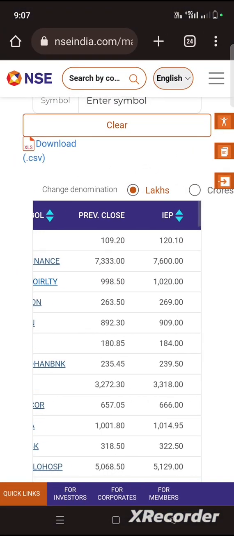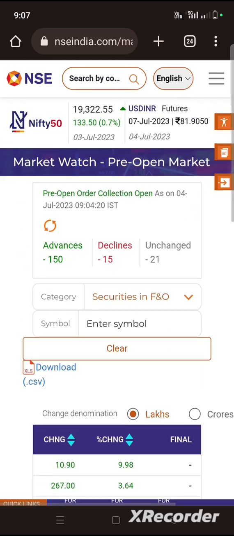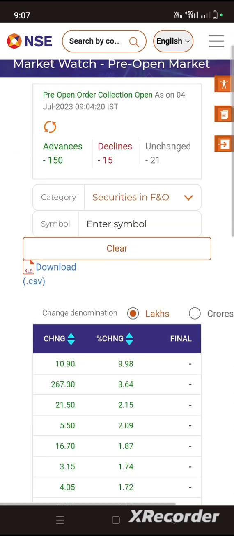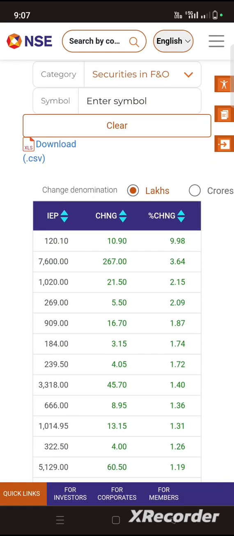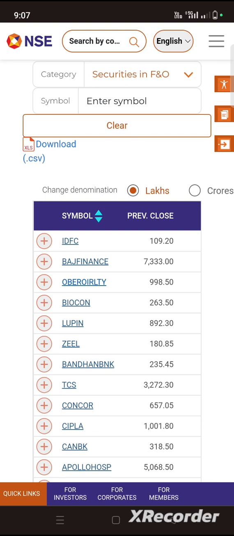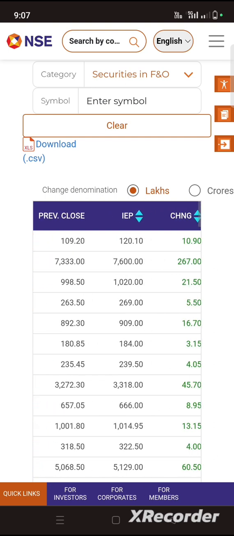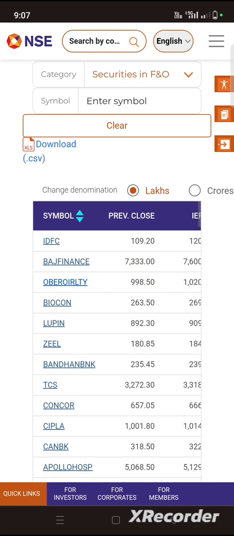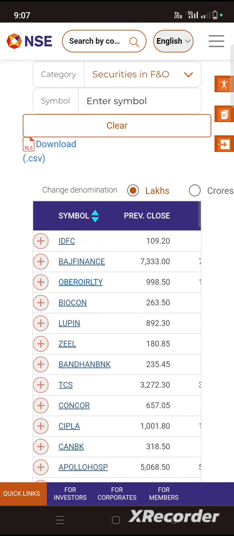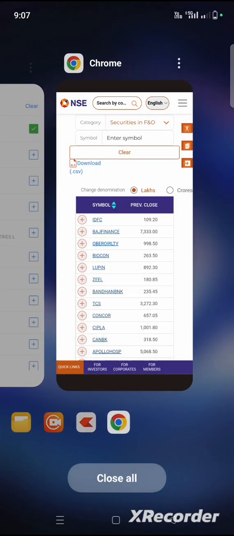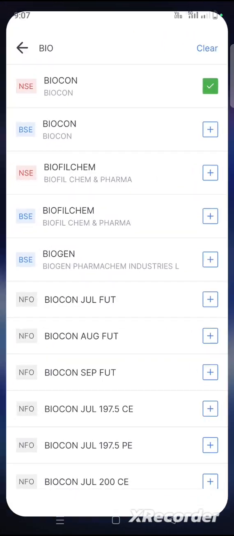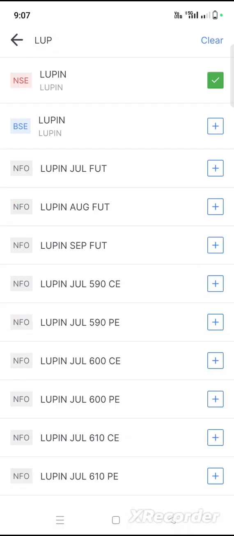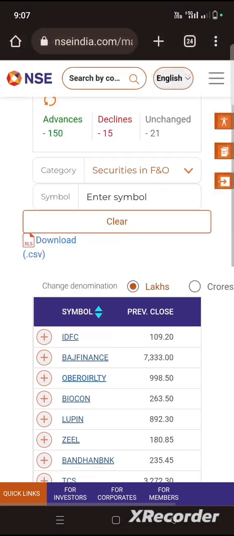I'll see for the last one. I'll check for a refresh, because at exactly 9:08 it will get settled. Till that time it keeps on changing. So we have to refresh every time and check for the latest entries and exits. Biocon is done. Lupin. So I have added all the stocks for top gainers.